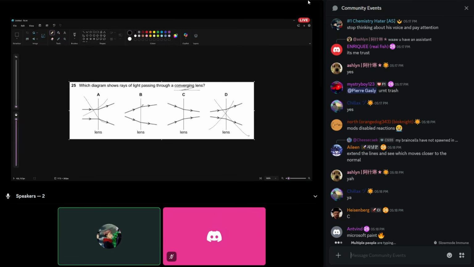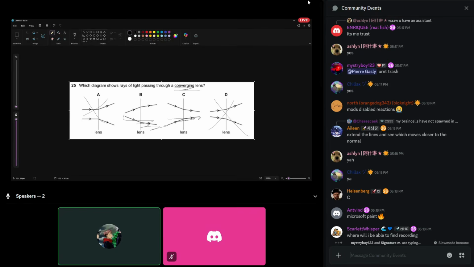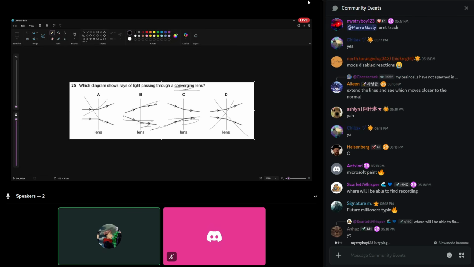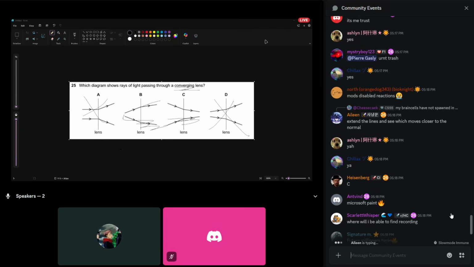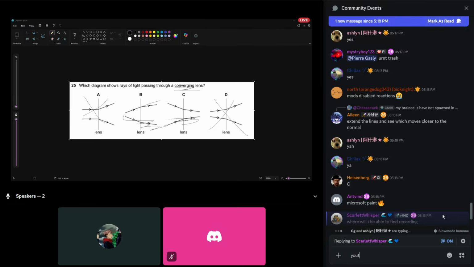We're only going to consider the top ray. If we continue the path, we can see it turned right, meaning it turned closer to the principal axis.